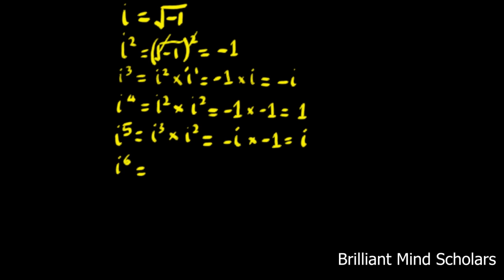Now, in this case, I choose to rewrite i raised to power 6 as i raised to power 4 times i raised to power 2. Notice from our studies, i raised to power 4 gives us 1, and i raised to power 2 would give us minus 1.